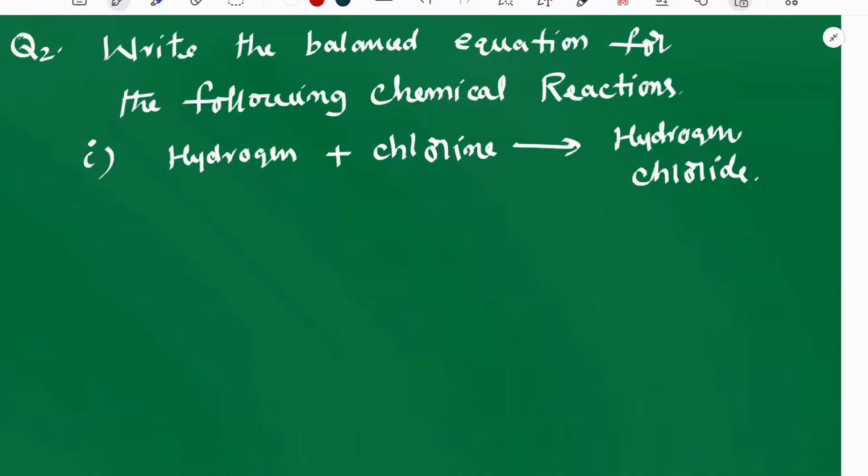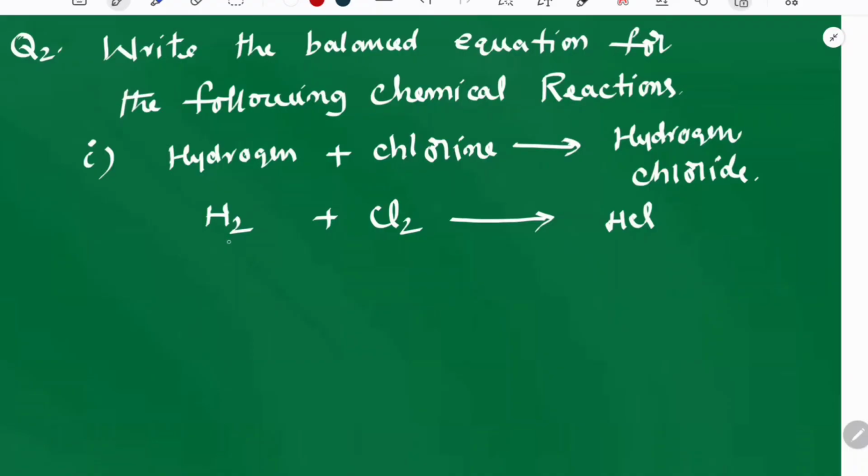So here hydrogen is a diatomic molecule, already learned in 9th class. So hydrogen we write as H2 only. Then chlorine is Cl2 only. Then what is the hydrogen chloride formula? HCl.